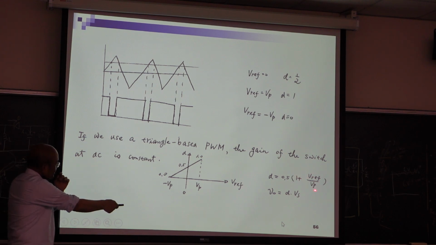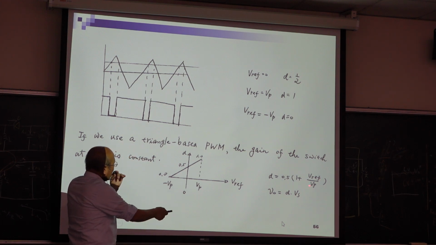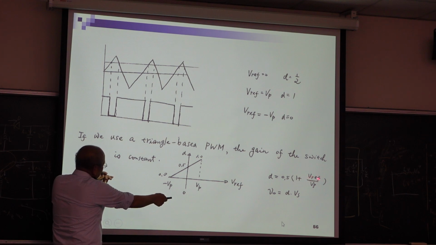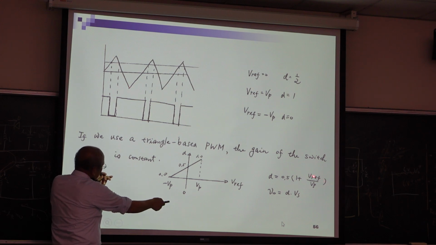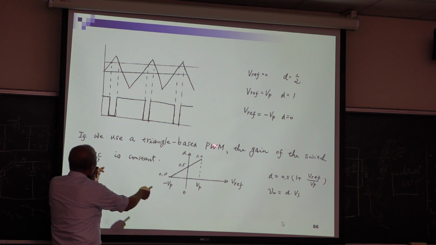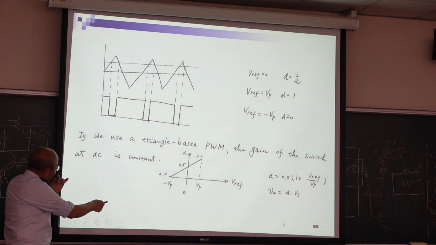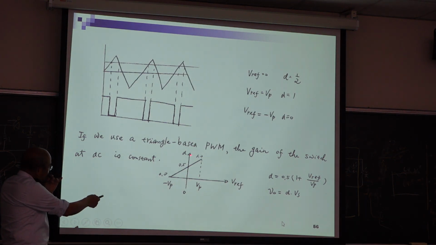So you can see here, if the output error is 0, then duty is 0.5. If the output error is maximum VP, then duty is 1. If the output is negative VP, then duty is 0. So we have this relationship to show the output signal and the duty.